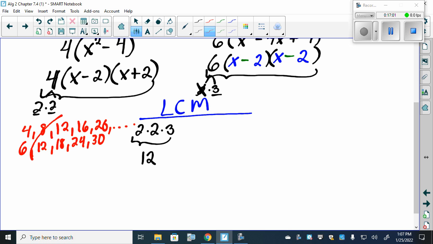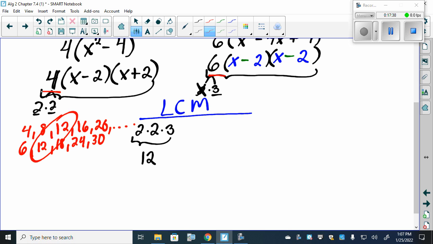Well, the first number that both 4 and 6 have in common is 12. If we're looking at least common multiples for even more numbers, I can just keep listing the multiples out, and the first number that all of them line up with is the least common multiple. So here the least common multiple is 12. If I wanted to make these the same with the numbers, the first number I can get them both to be is 12. Any questions on this here?